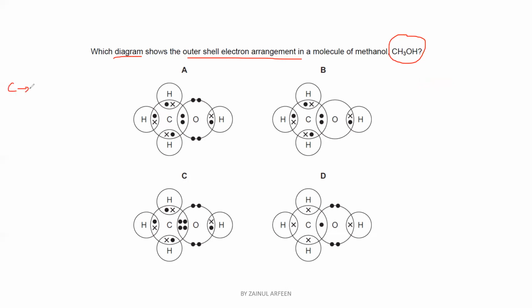So it should share 4 electrons and there should be no unshared electrons. Hydrogen will share 1 and oxygen belongs to group 6. So it will share 2 electrons and unshared on the oxygen will be 4. Now let's check the options.